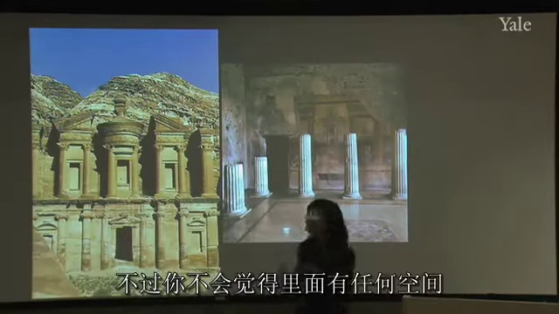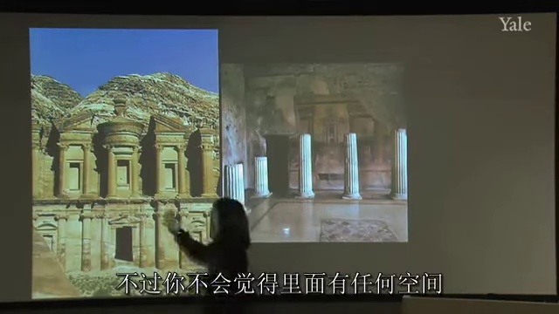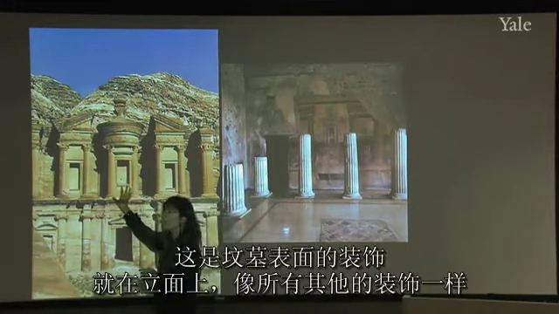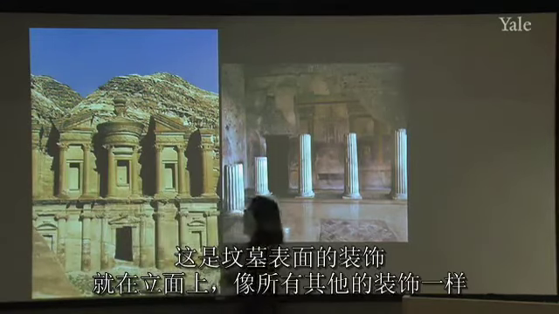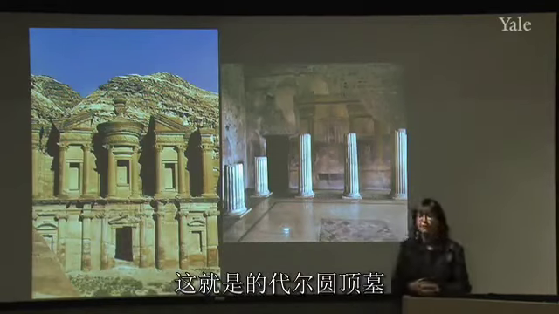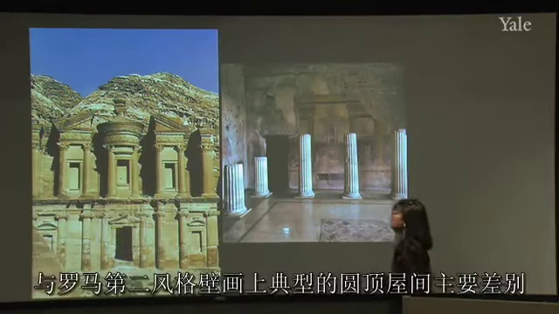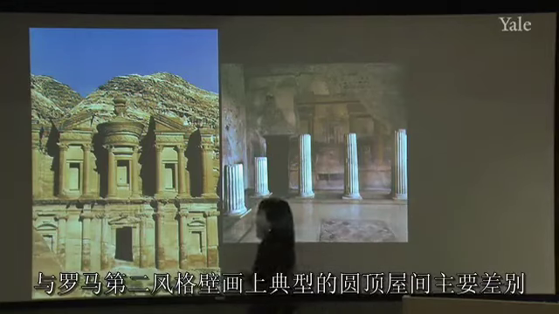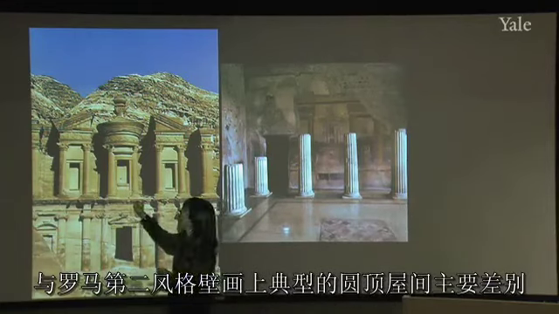But you don't have a sense that there is any space in there. It is a decoration on the surface, on the facade of this structure, just like all the other decorations. And that is a major difference between the way in which the tholos is used in the Deir and the tholos is used in typical second-style Roman wall painting.